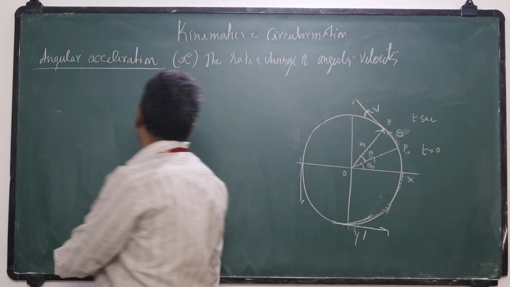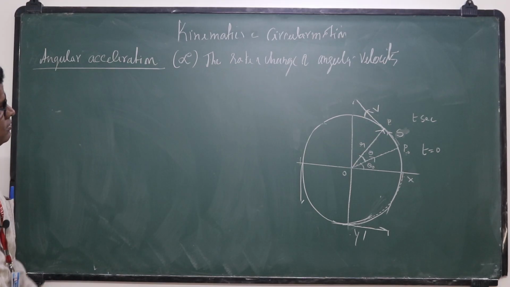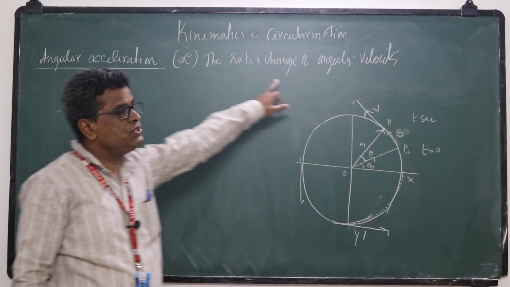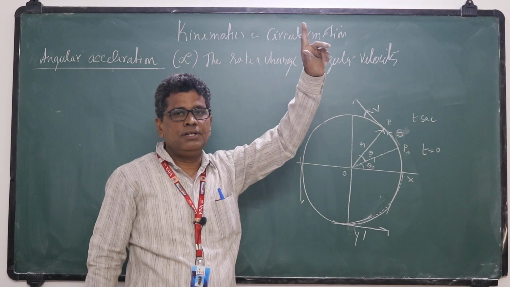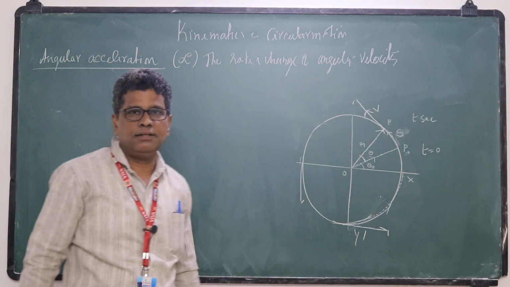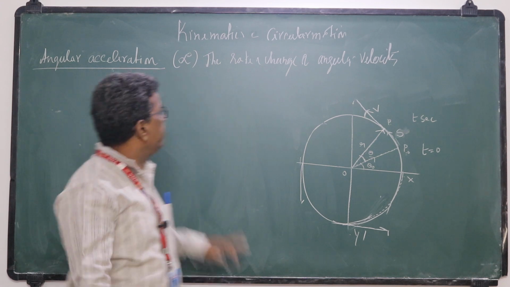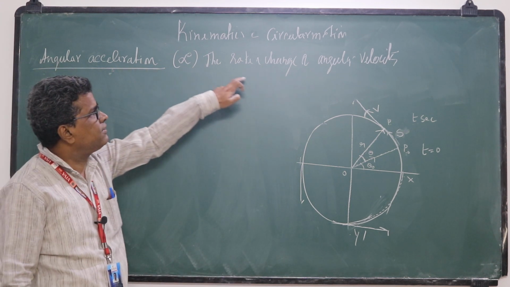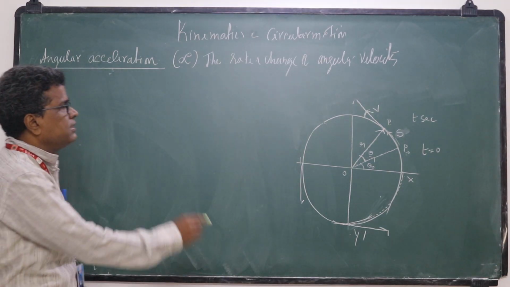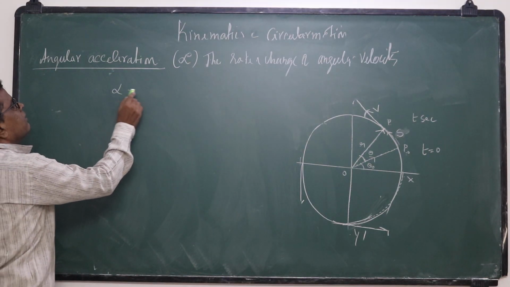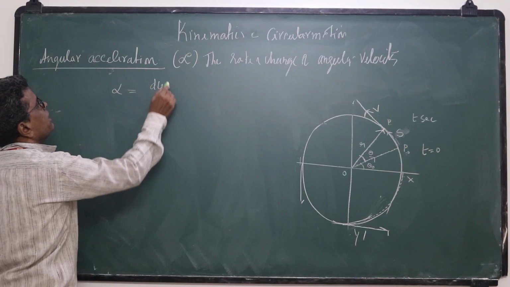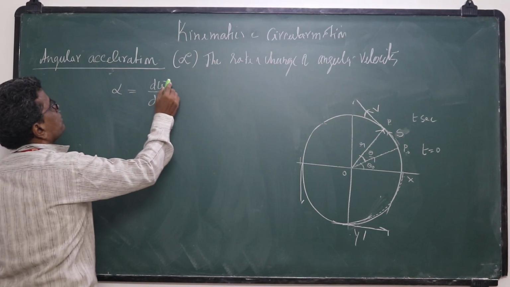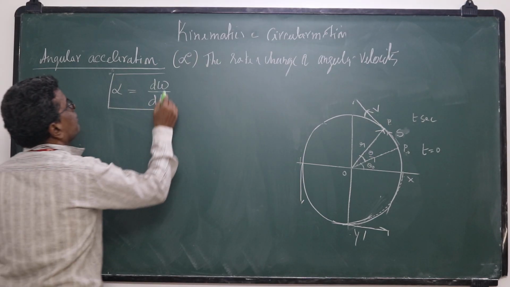As I defined, acceleration is the rate of change of linear velocity, called linear acceleration. In the same fashion, I define angular acceleration. Angular acceleration is the rate of change of angular velocity. That is, alpha is equal to d omega by dt.